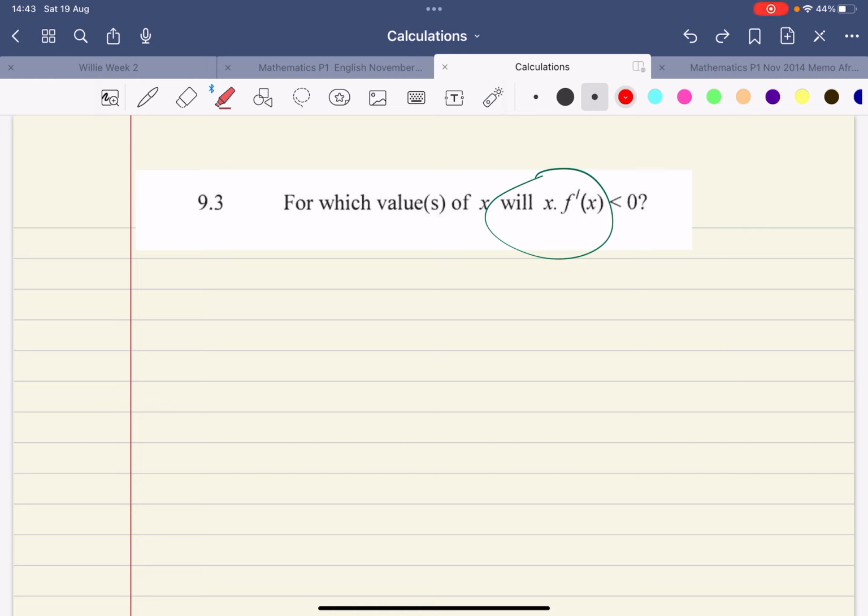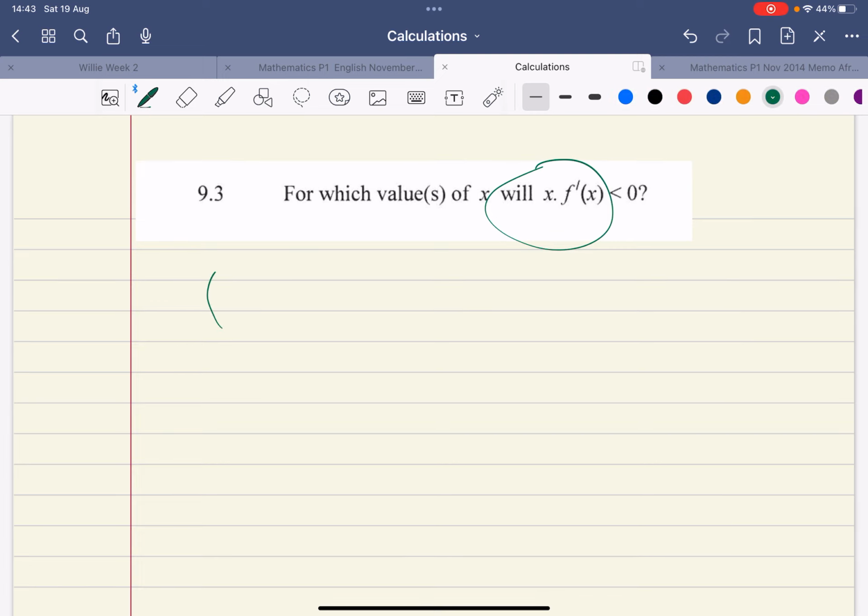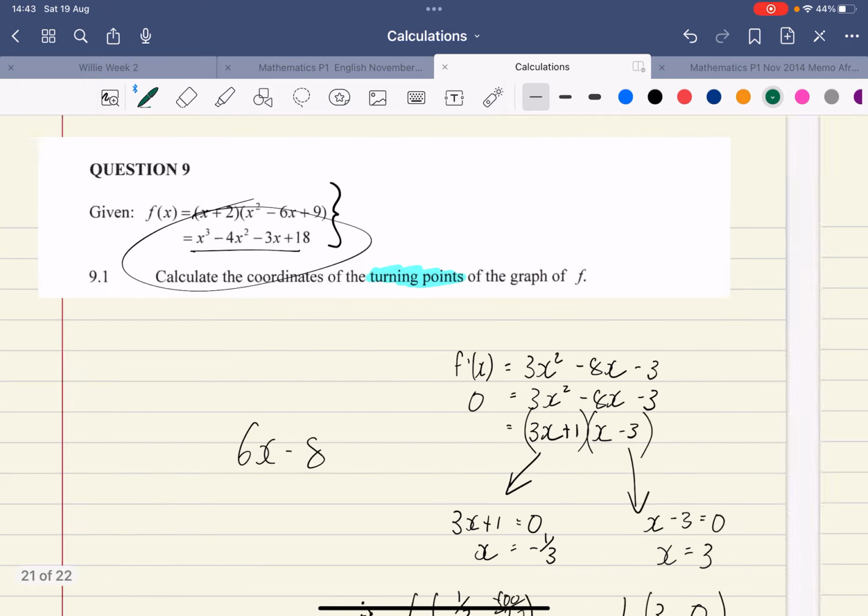For x in the interval 0 to 3, our derivative is smaller than 0, and our x values are bigger than 0.